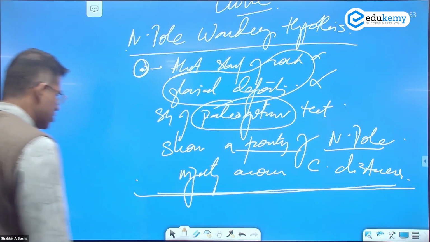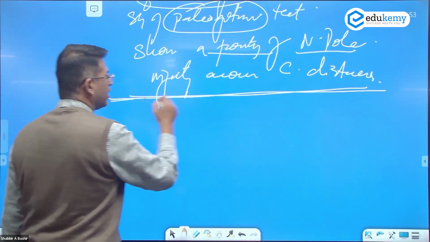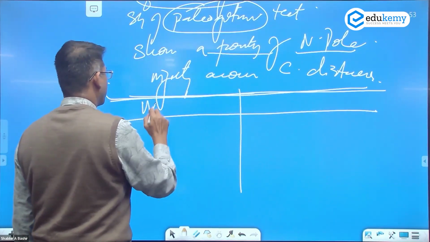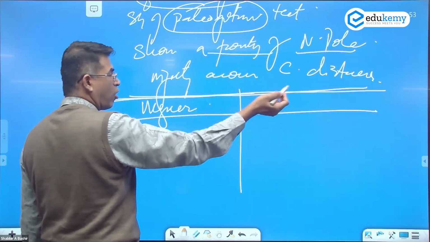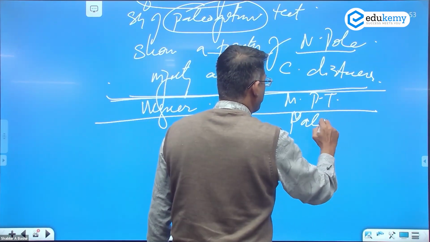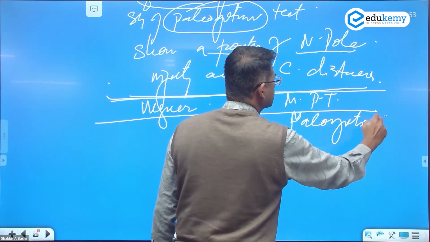Okay, and just know this, ये जो conclusion है, this has been used by Wegener and also used under modern plate tectonics paleomagnetism studies.